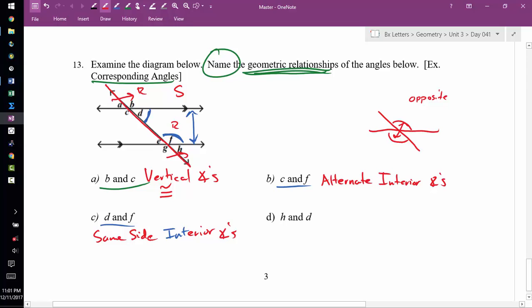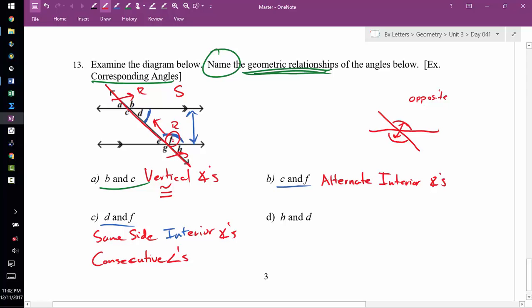Okay. Another name for them is just consecutive angles. Because it's like, oh, the very next angle is this one.